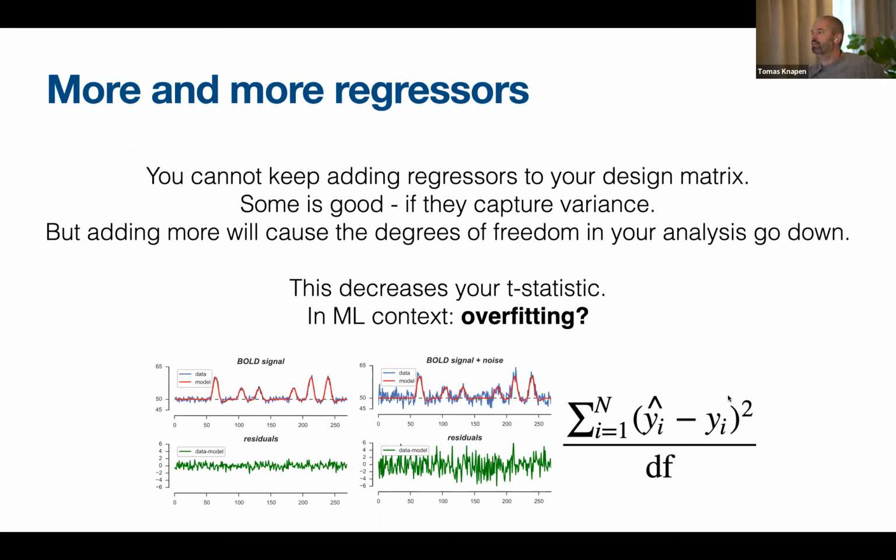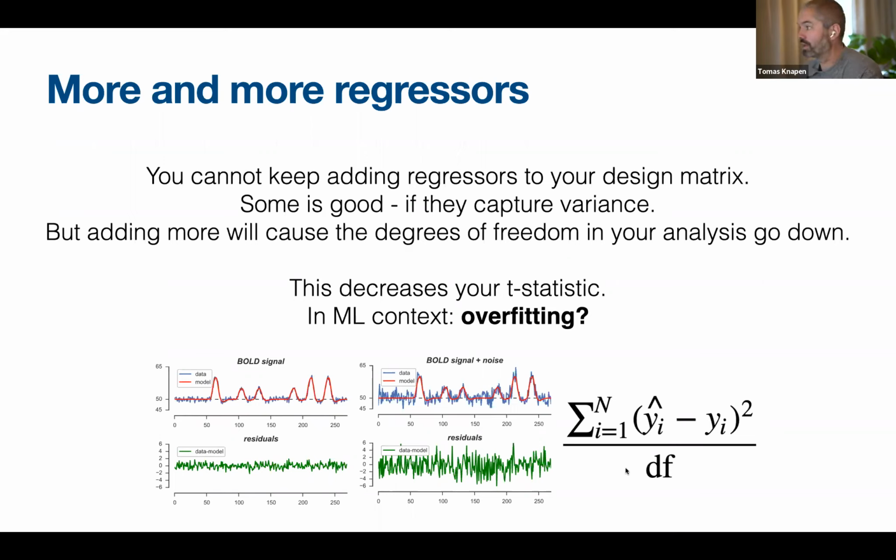So the logic here is that you could say, but then I can add physiology regressors, I can add motion regressors, I can add slow drift regressors, I can add like 500,000 regressors, right? But even though they might all capture variance, it starts defeating the purpose, because if you're interested in something like a t-statistic, that is built up from this standard error.